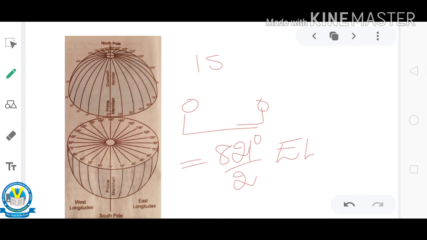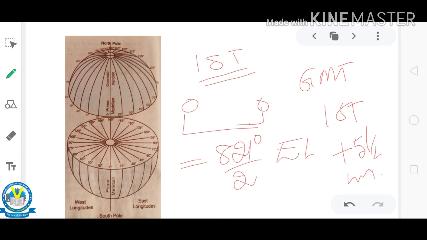That is IST, Indian Standard Time. We already know the difference between Greenwich Mean Time and IST is plus 5.5 hours.